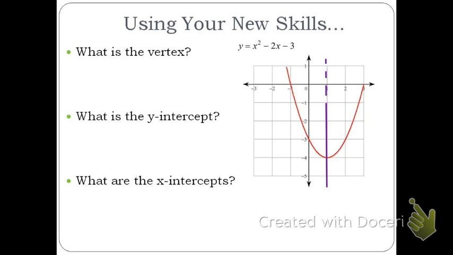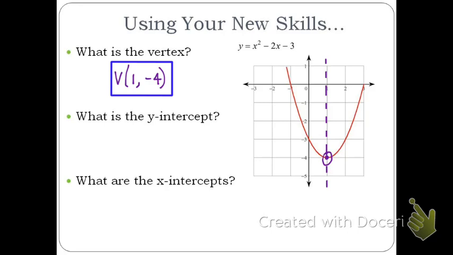So we have to be able to identify the axis of symmetry, but at the same time you should be able to find your vertex because it's always going to be that coming together point. So what's the value? Remember, make sure to go on your x-axis first. We should say this is at +1, and then we could put the -4. So (1, -4) is the vertex.